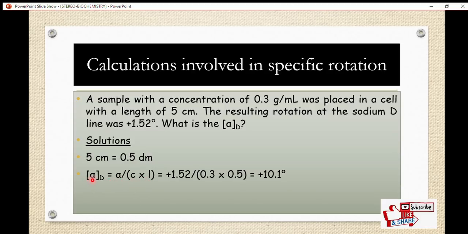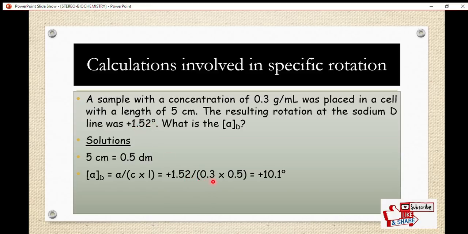All right, so we have the specific rotation here, and it's equal to the observed angle of rotation divided by our concentration times the length. The observed angle of rotation in the question was 1.52 degrees in the positive direction.